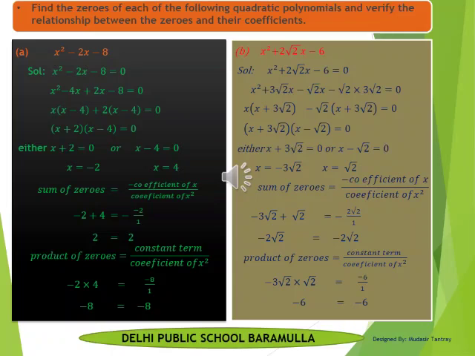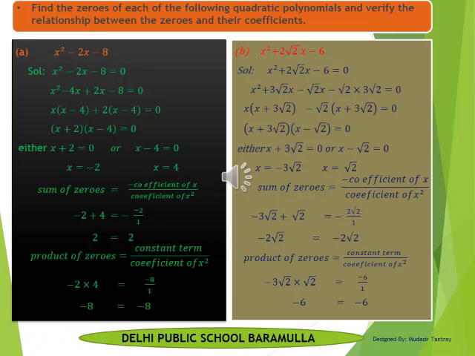Here, sum of zeros is equal to minus 3 under root 2 plus under root 2, which is equal to minus coefficient of x, that is plus 2 under root 2, divided by coefficient of x square, which is 1. Here it becomes minus 2 under root 2, because when you add minus 3 under root 2 and plus under root 2, it becomes minus 2 under root 2. And 2 under root 2 divided by 1 is 2 under root 2, and here it is a minus, so it becomes minus 2 under root 2.